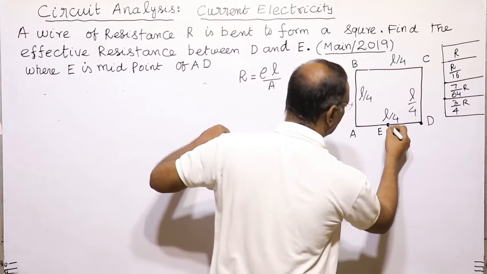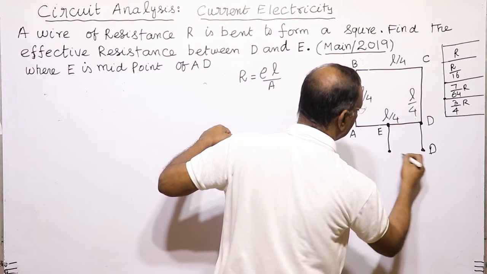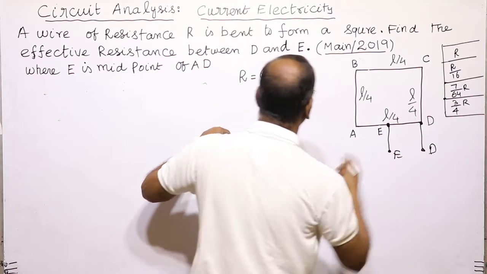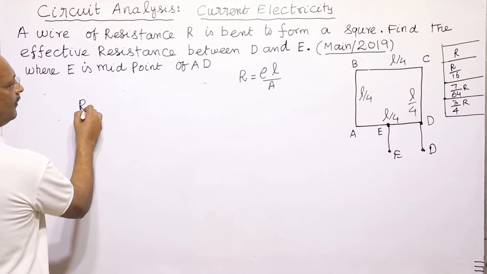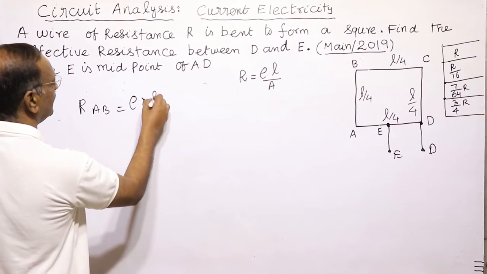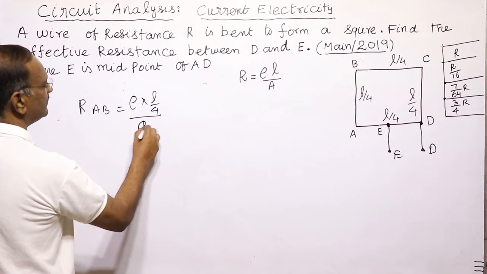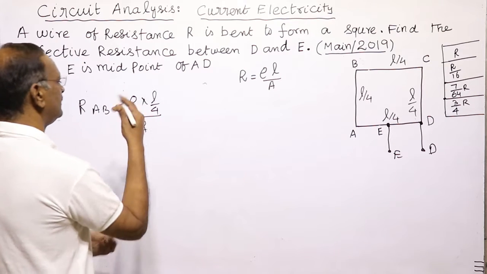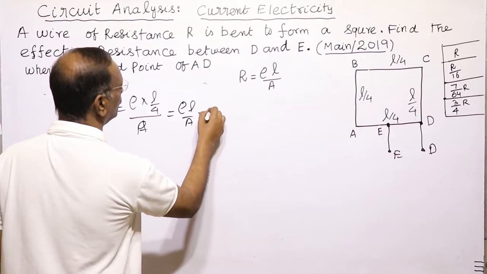So we have to find the effective resistance between the points D and E. What is the resistance of this portion? The resistance of AB is equal to rho into length L by 4 divided by area. The area of the wire does not change, only the length changes. So rho L by A into 1 by 4.